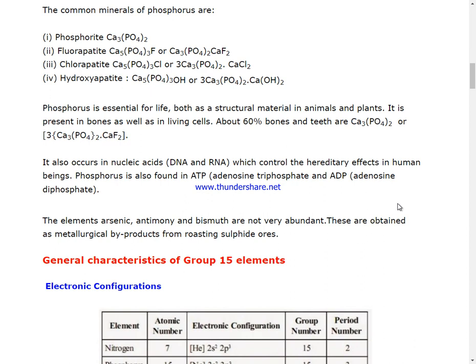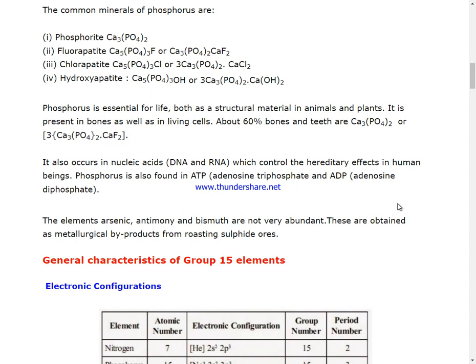It also occurs in nucleic acids, DNA and RNA, which control the hereditary effects in human beings. Phosphorus is also found in ATP, adenosine triphosphate, and ADP, adenosine diphosphate.